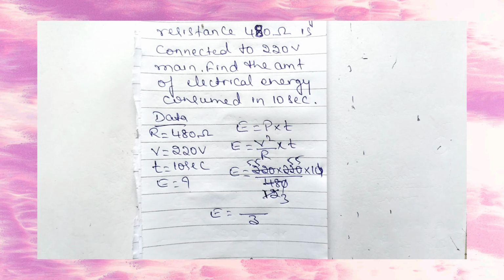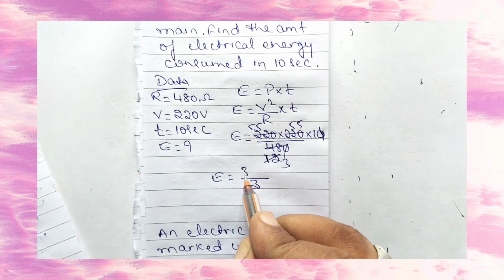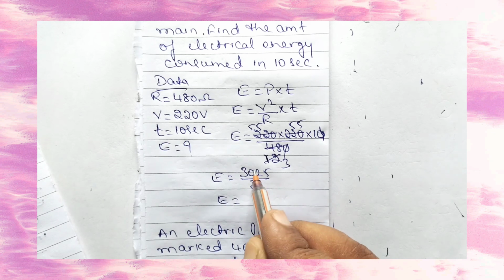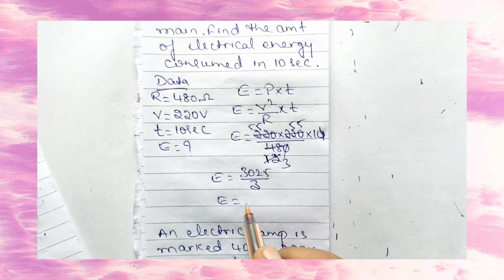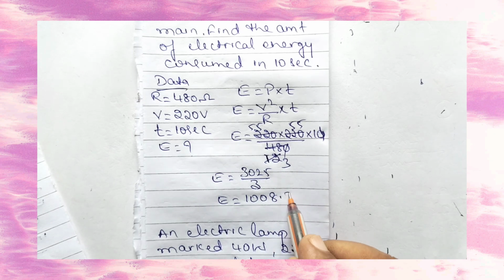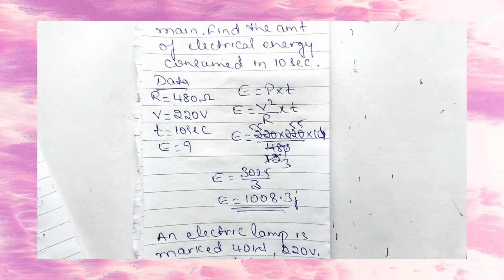Now let us multiply 55 into 55. So 55 into 55 becomes 3025 divided by 3. If 3025 is divided by 3, it will be equal to 1008.3 joules. So this is the electrical energy consumed by the bulb if it operated for 10 seconds.